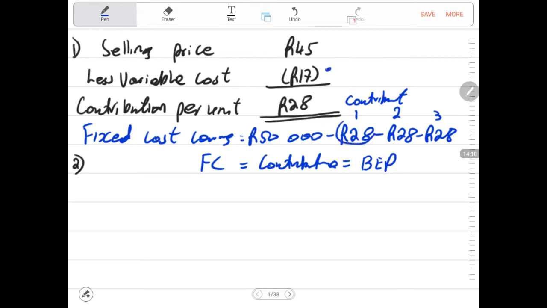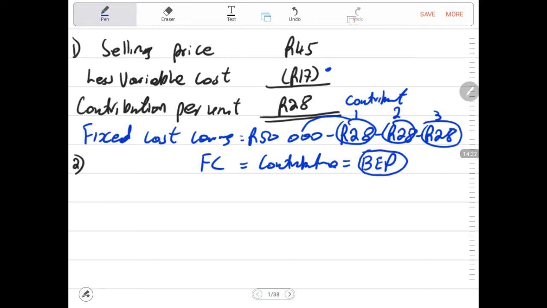So the minute all these 28 Rand of every unit that you sell are equal to 50,000, that means the company has covered now all of its cost. So now if the company has covered all of its cost, that means the company is now at the break-even point, BEP.